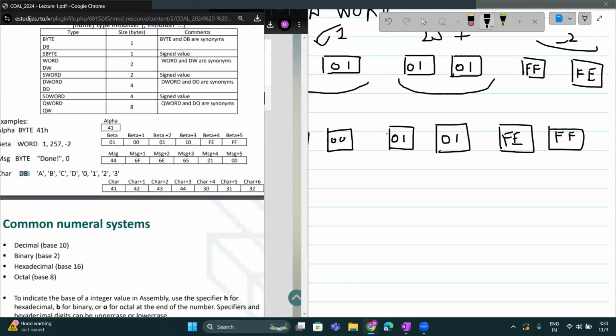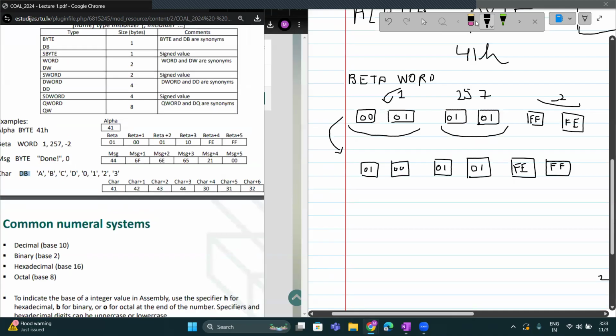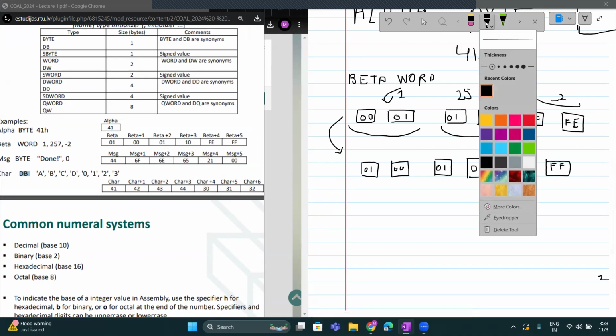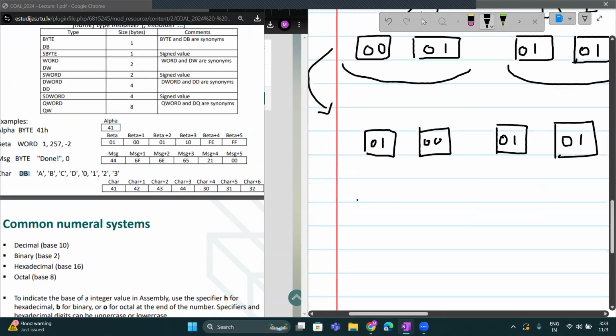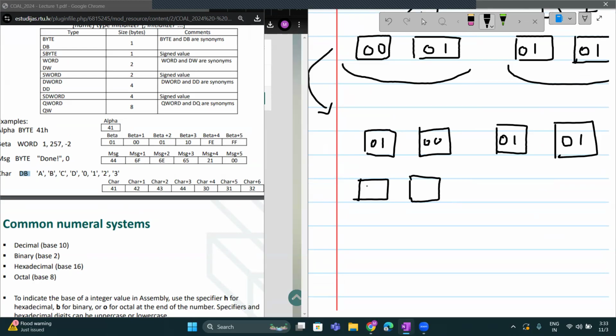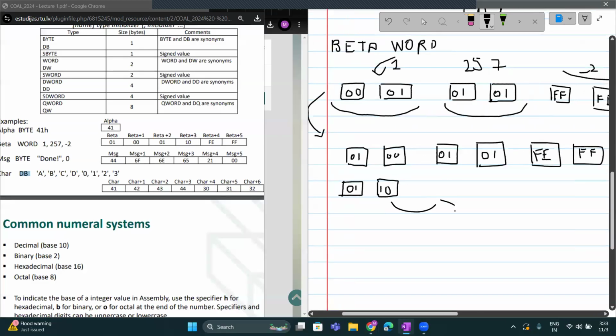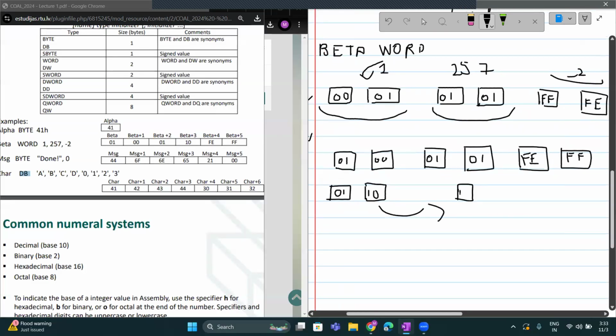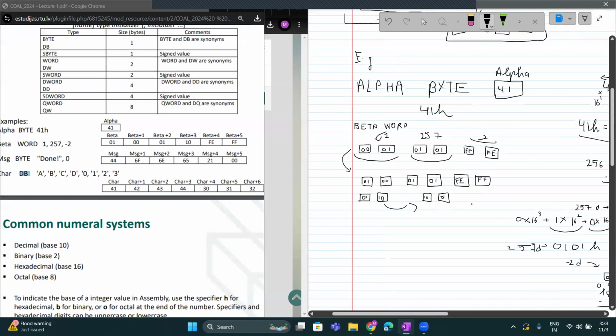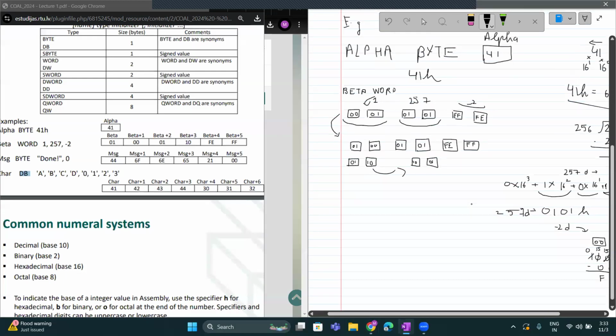Only when we try to assign, for example, there are 2 bytes, and we want to send these 2 bytes all together into memory, only then it will swap. For example, 0110. If you want to save this into memory, it will be swapped to 10 and 01. So that's basically about memory.